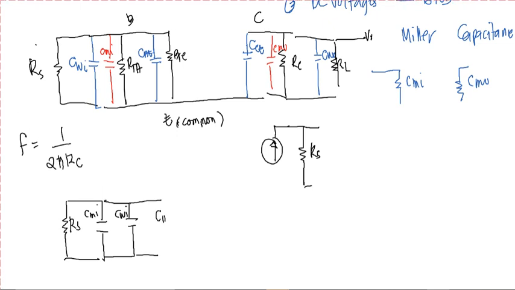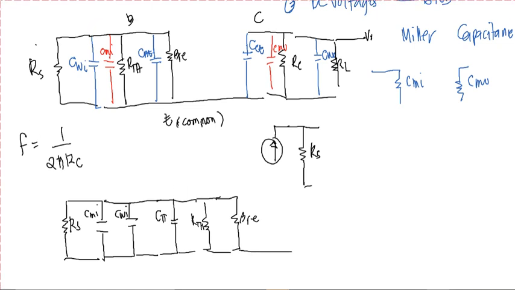So himuon ko na lang siya CPI. Okay lang man. So we have CPI. And another one will be your RTH or Thevenin resistance. So RTH. Then we have your beta RE. So beta RE. This will be present sa aton nga input. And para sa aton nga output, wala na kita diri sang IB. So unahon ko lang ang RC. So we have RC. We also have your RL.